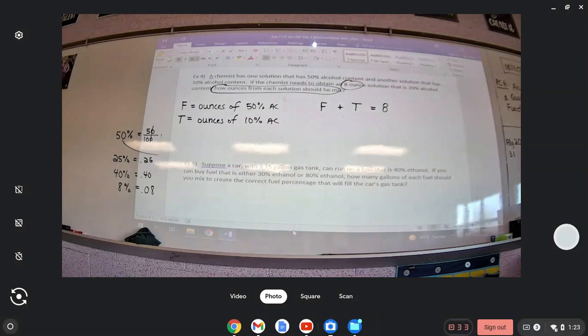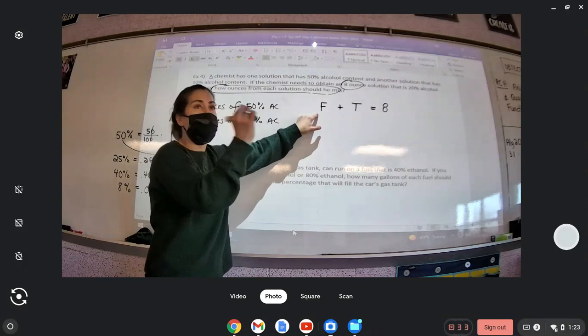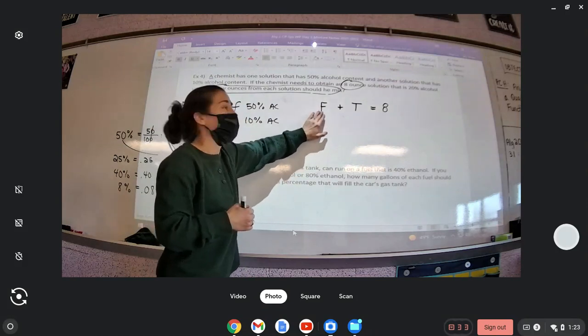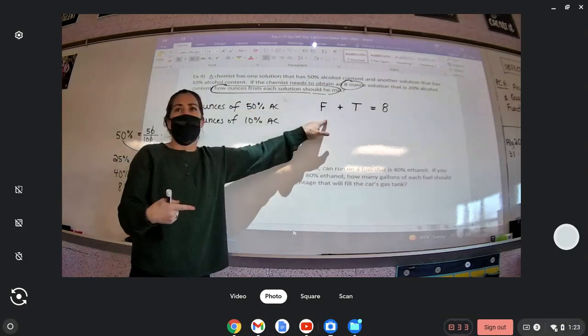All right, now, just like before, the second equation is where we would bring the money in, right? Now we're not going to bring money in, we're going to bring the percents in. So think about this. If I use this many ounces of the 50% alcohol content, out of all of those ounces, 50% of them are already the alcohol content.